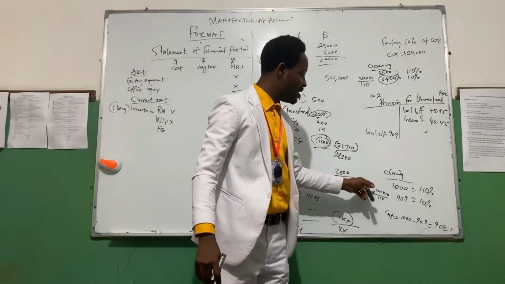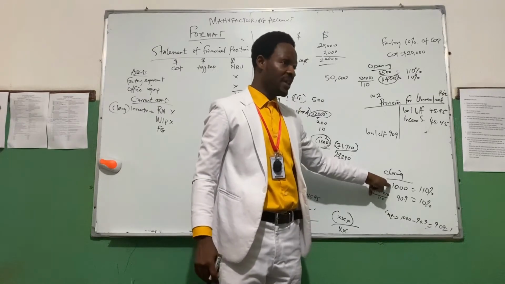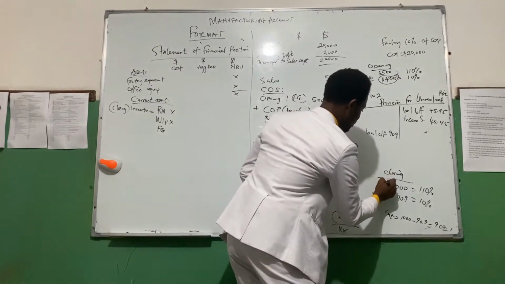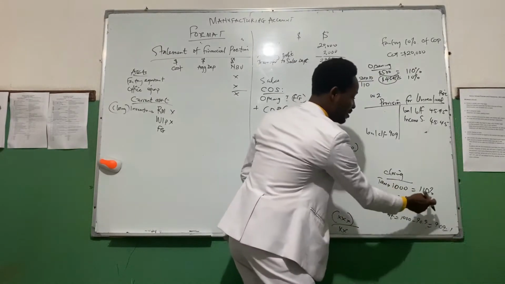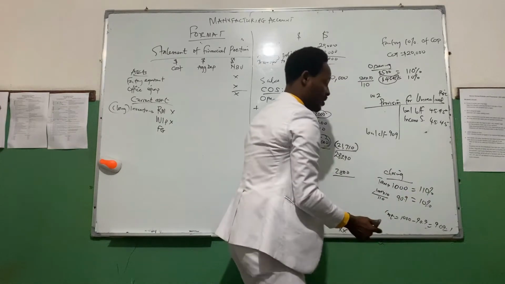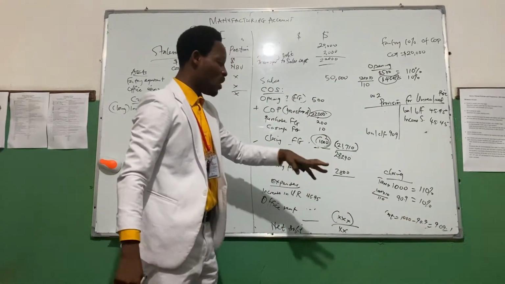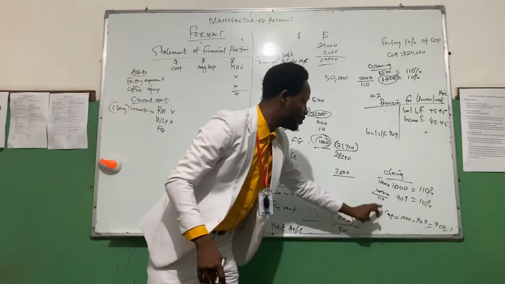So what is the lower of cost and realizable value? This is the amount it was transferred for. This is the cost and this is the profit. It was transferred for 110%. Now 909.1 is the cost, which is the lower of these two values.